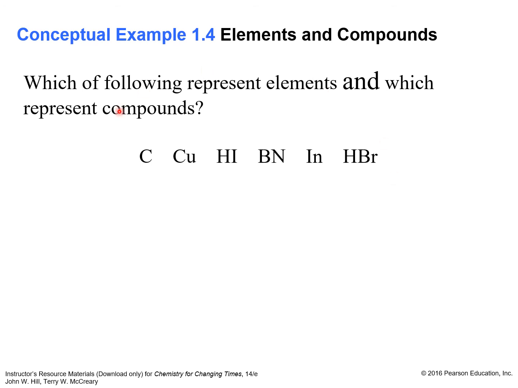So let's look at this conceptual example. Here you are given a list of certain elements and compounds, and you are being asked which of the following represent elements and which of them represent compounds. Now remember, elements are either represented by a capital letter or by a capital letter followed by a lowercase letter.